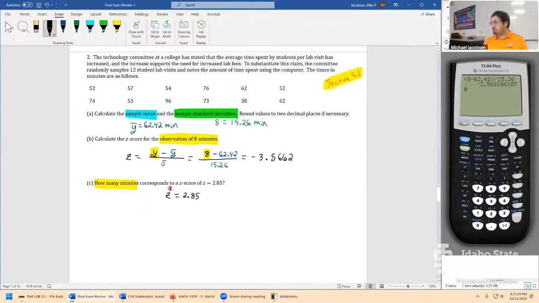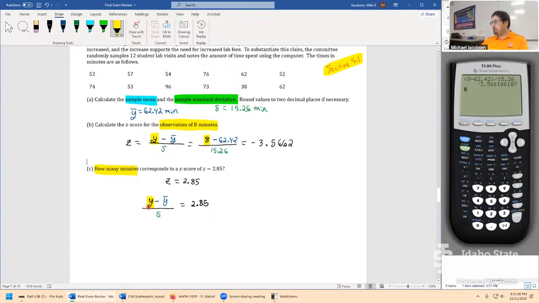The next strategy is just put in the whole formula for z that you see up here. Substitute in y minus y bar, divide by s, equals 2.85. So the question is how many minutes? Once again, it's the unknown this time, so we'll solve for y.